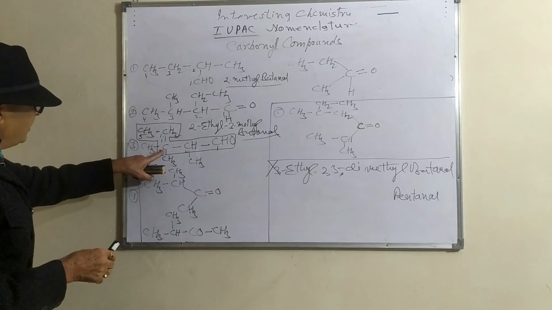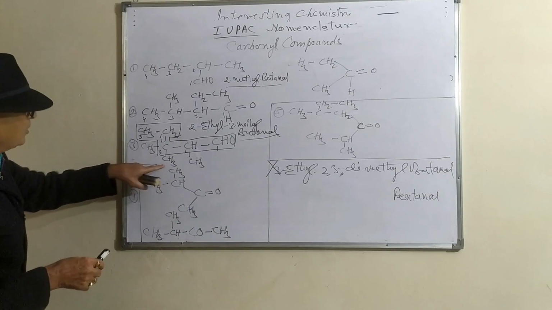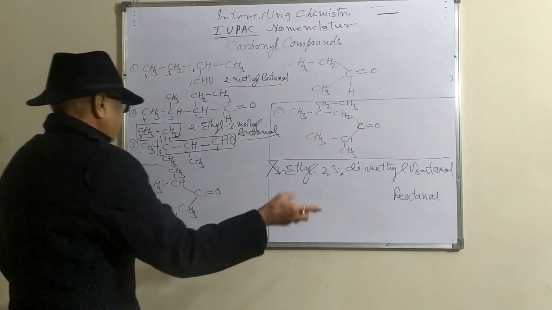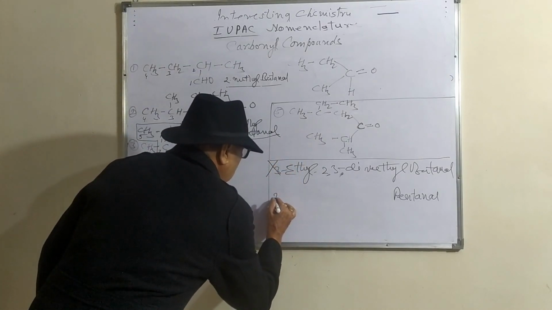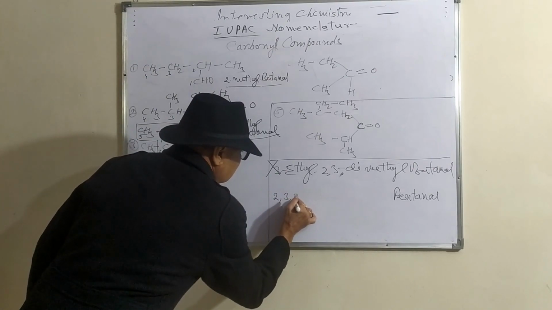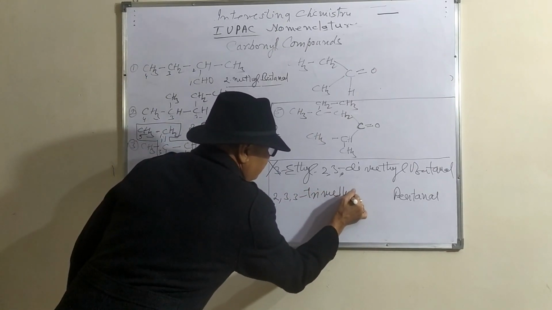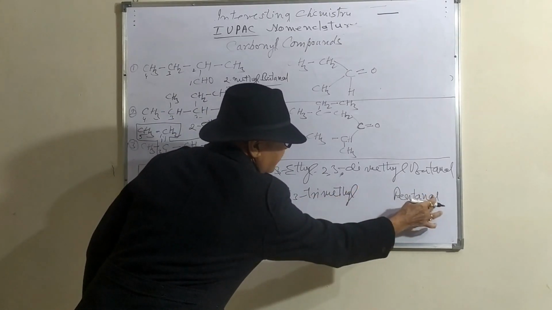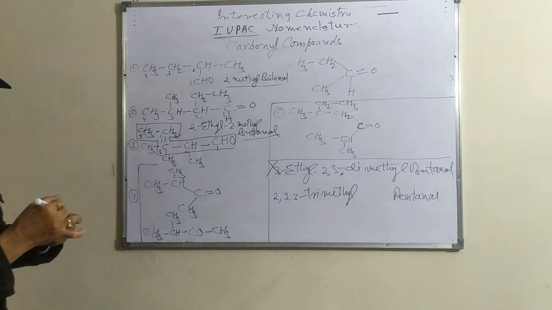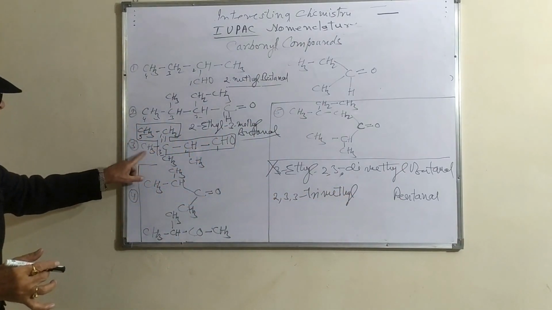This third carbon has 2 methyl groups. So the name of this compound will be 2,3,3-trimethyl pentanal. Please repeat it: 2,3,3-trimethyl pentanal. This is the name of this compound.